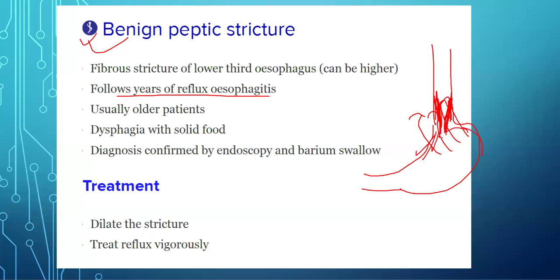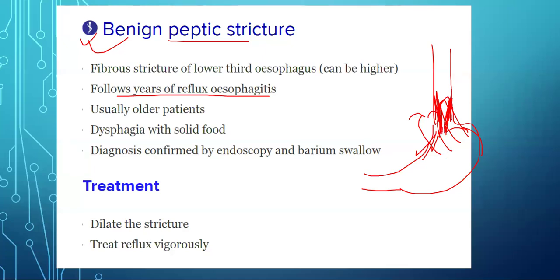Okay. Now, that is what we call benign peptic stricture. Following years of reflux, when a patient develops this kind of narrowing of the lower end of the esophagus, that's benign peptic stricture. When the patient had reflux, they used to get lots of reflux, heartburn, burping, but suddenly their reflux and burping is gone, and now they start to get dysphagia to solids. Why did it happen?